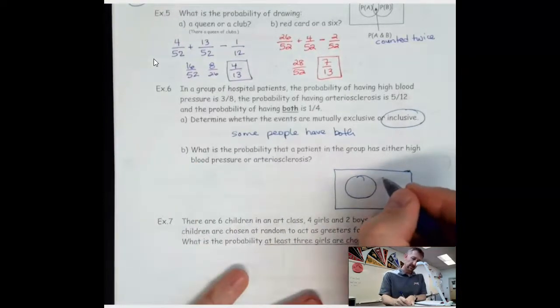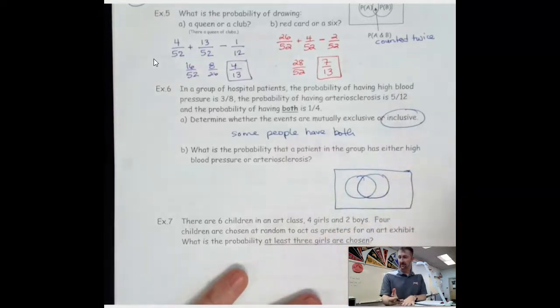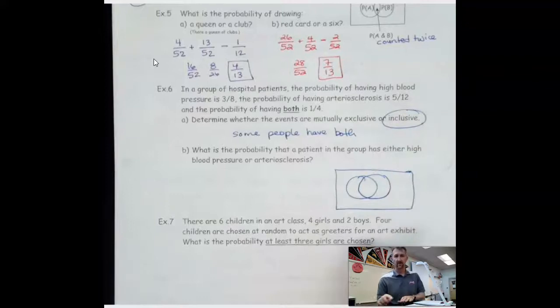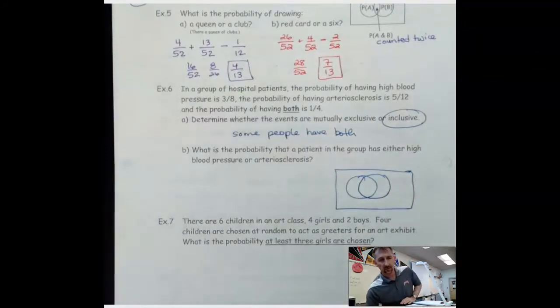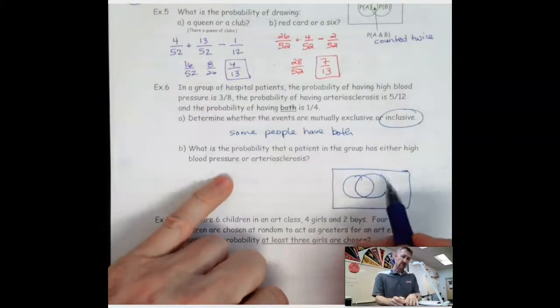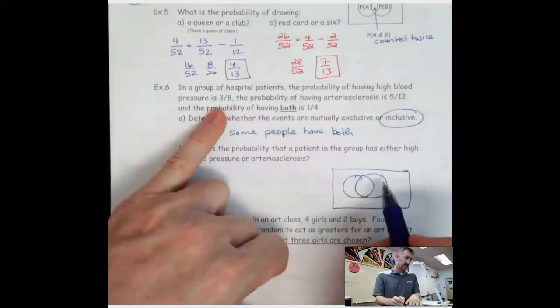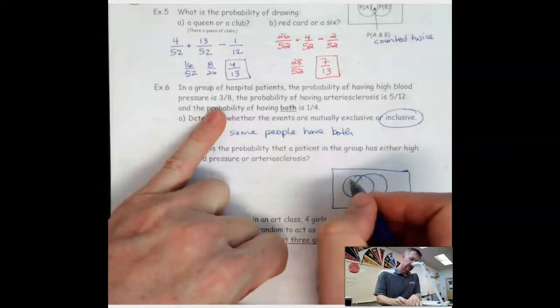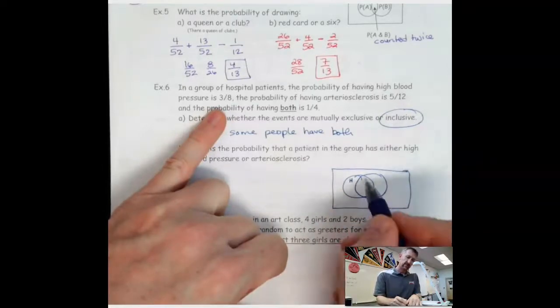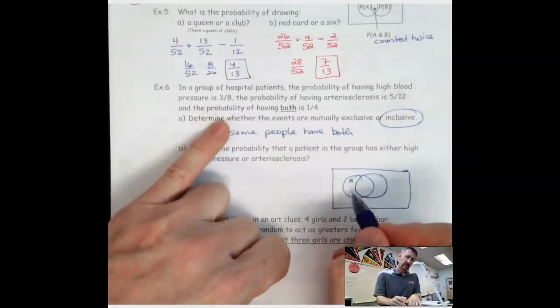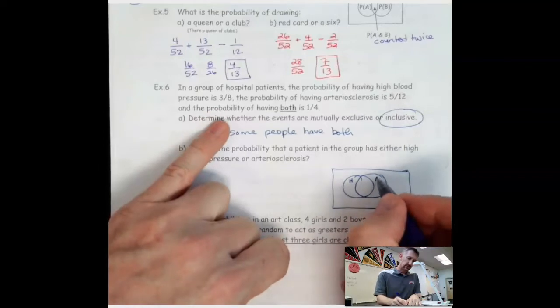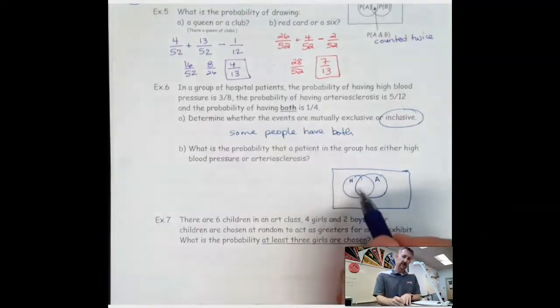We've got that, and we've got this. I'm not necessarily drawing this to scale. Okay, so we're going to try and construct a Venn diagram for this. High blood pressure, I'm just going to put an H for high blood pressure on that one, and then arteriosclerosis, I'm going to call that A, and then there were some that had both.